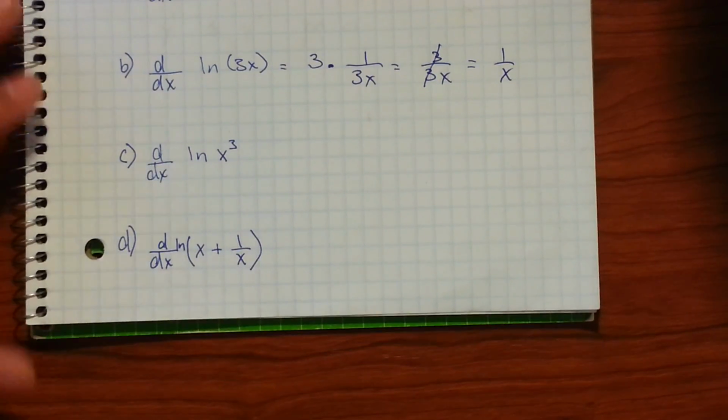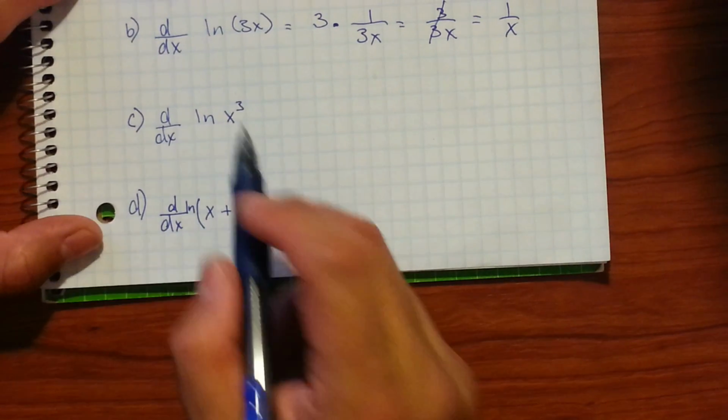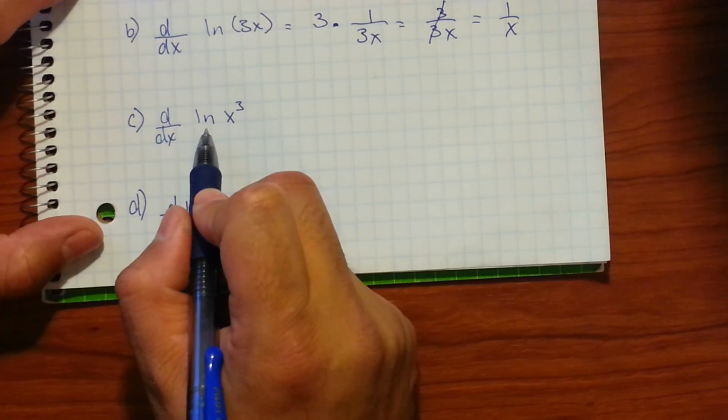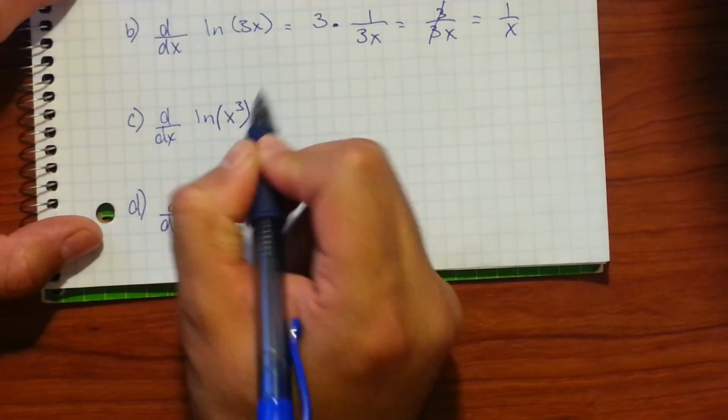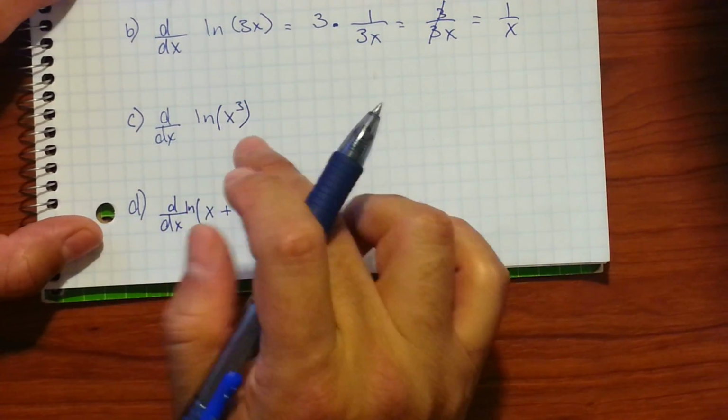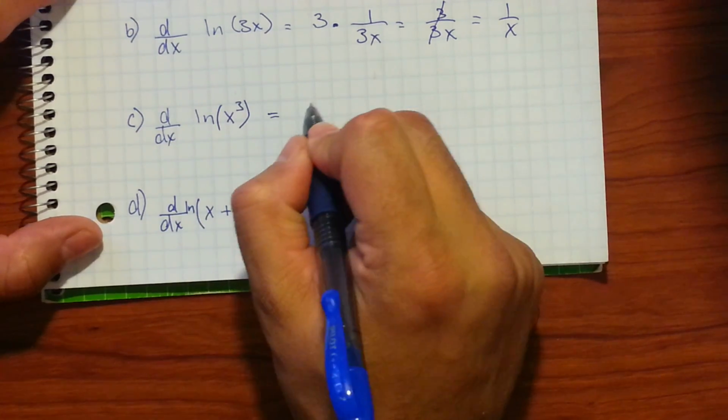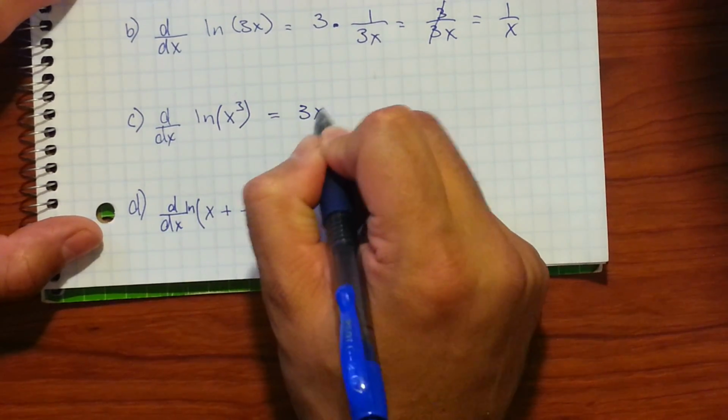C, I have right here, this is going to be the derivative of the inside. So this is actually all inside here, just so you know, derivative of all of that is going to give me 3x squared.